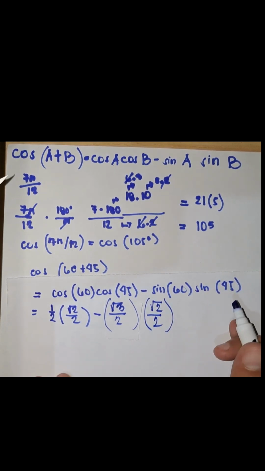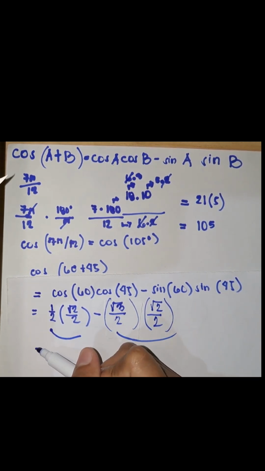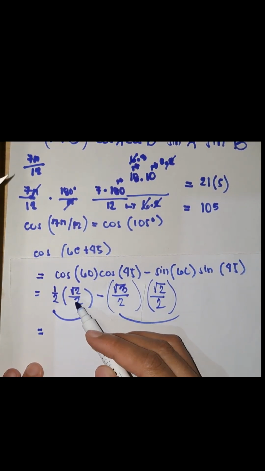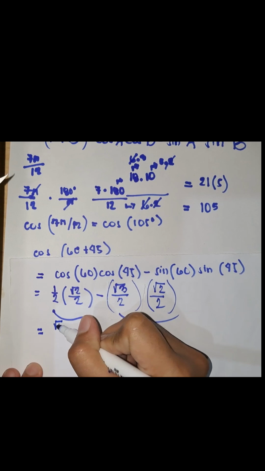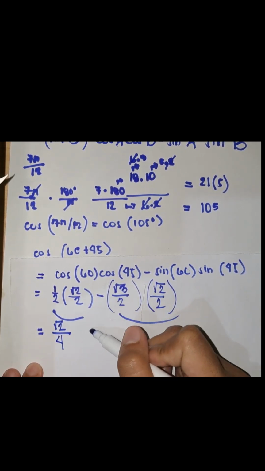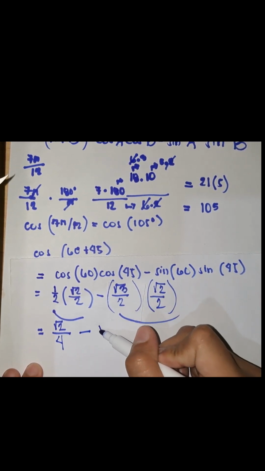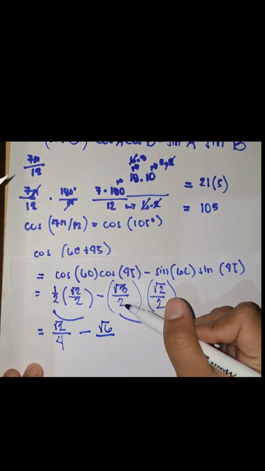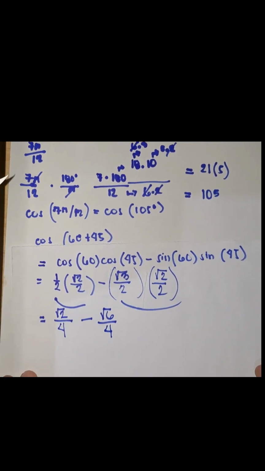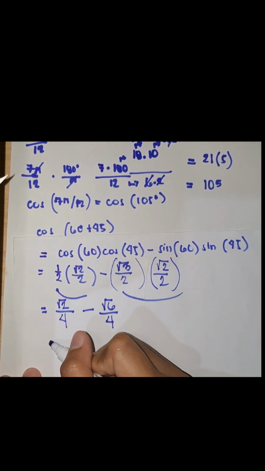So the next step is to multiply these terms. 1 times root 2 is root 2 over 2 times 2 is 4, minus root 3 times root 2 is root 6 over 2 times 2 is 4. Then we subtract these two terms.